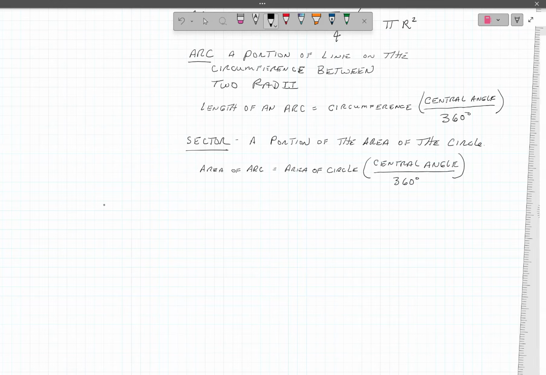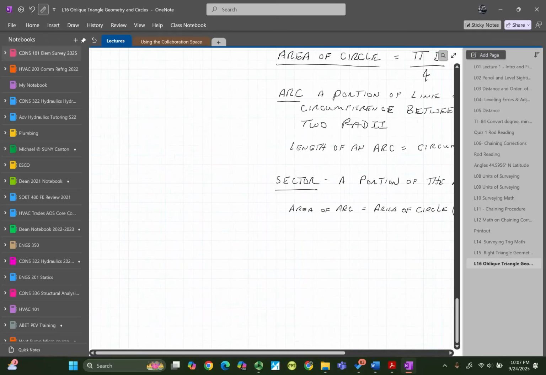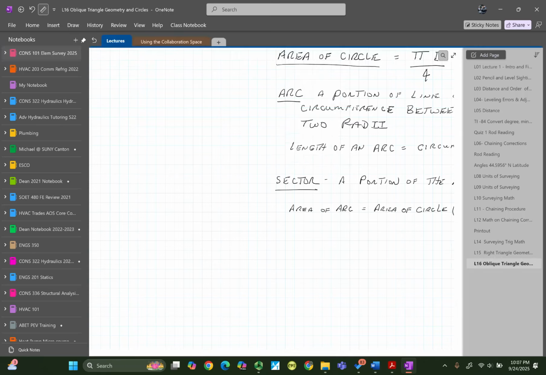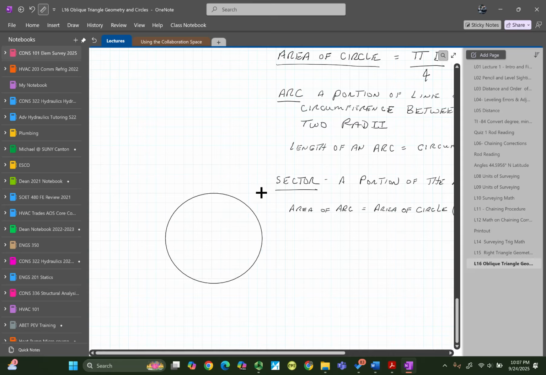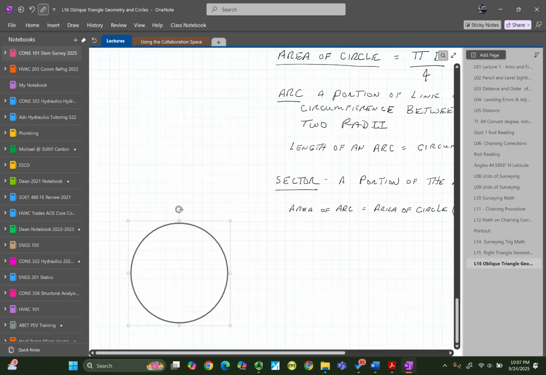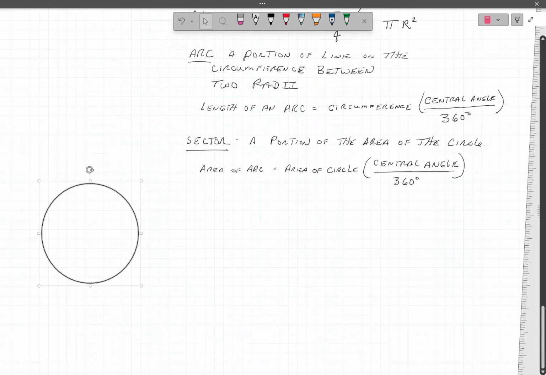So if we have a circle, I could have done better than that. Let's do it. We know how. And I want to draw a circle like so. Okay, back to here.